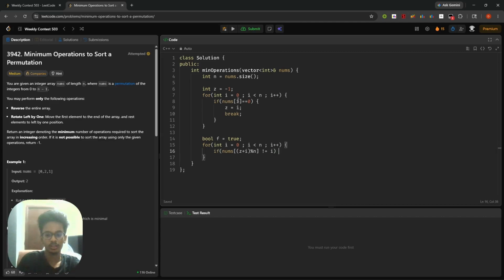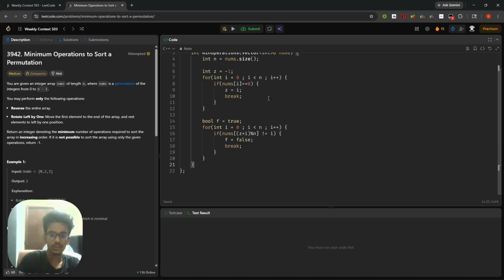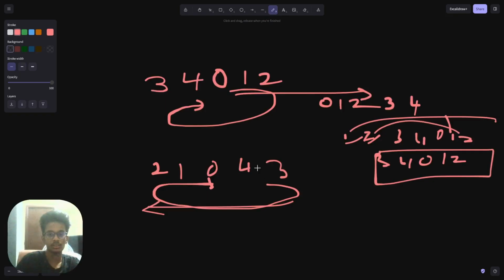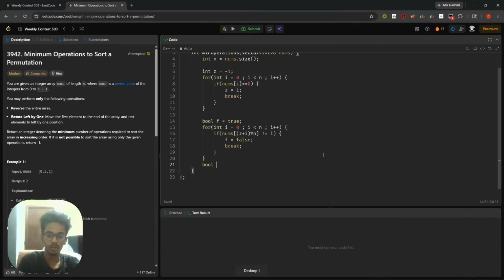Fine. Now we'll mark this as false and break from here. It's not a forward cycle. Now we'll check if it's a backward cycle. What is a backward cycle? I guess I have already told you. Yeah, this is a backward cycle. So let's initially take it as true, and for i less than n, i plus plus.